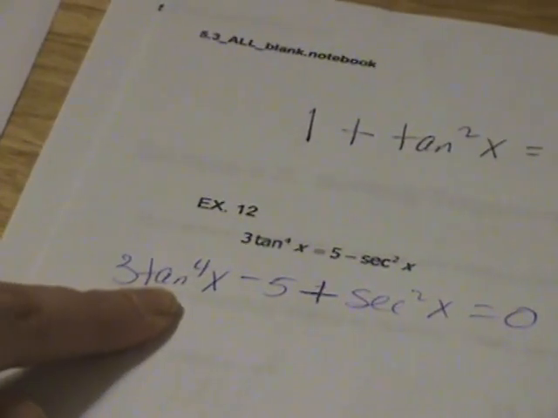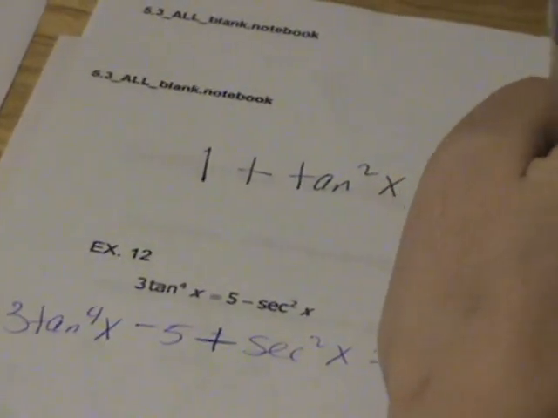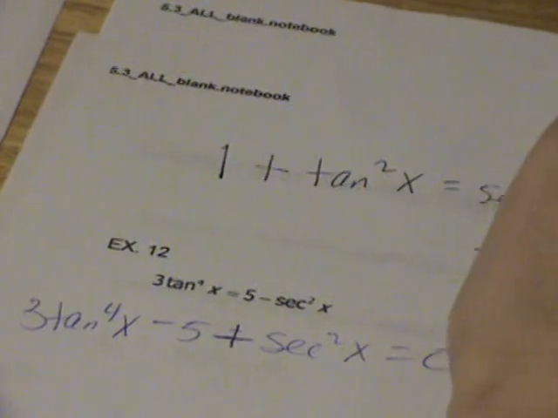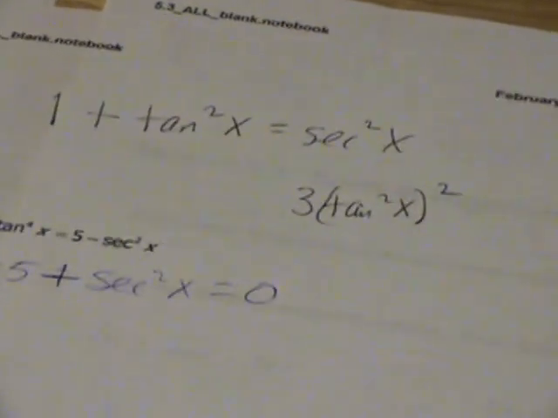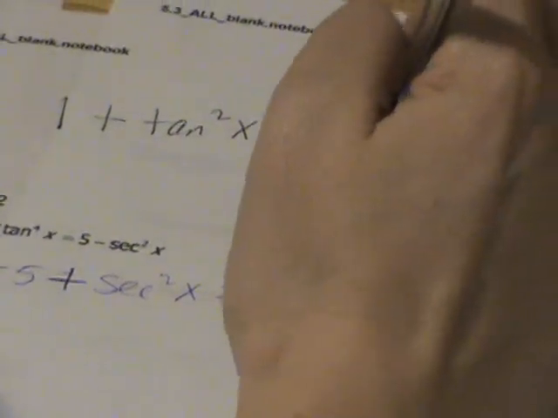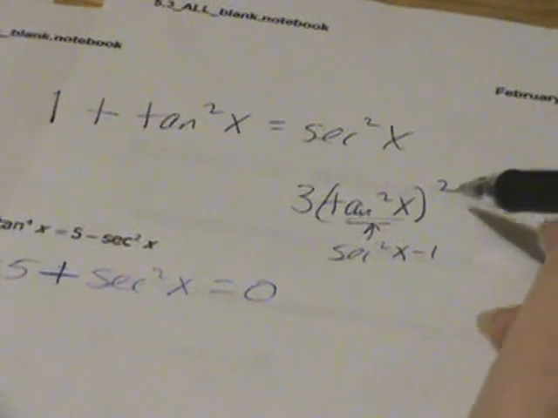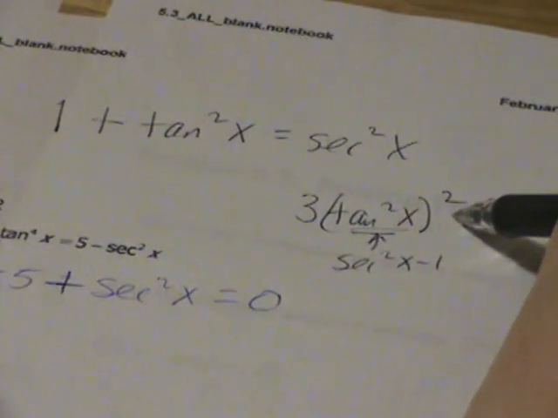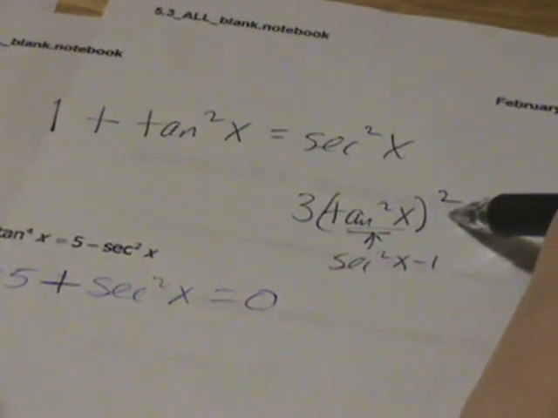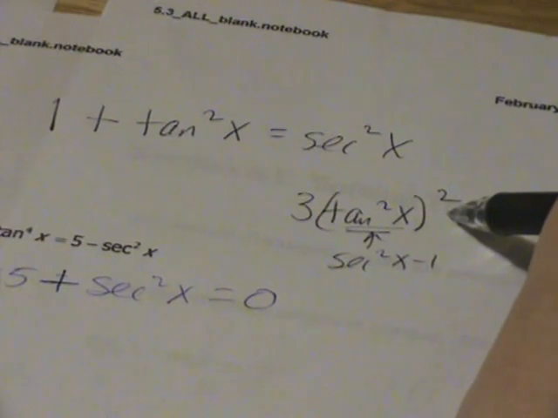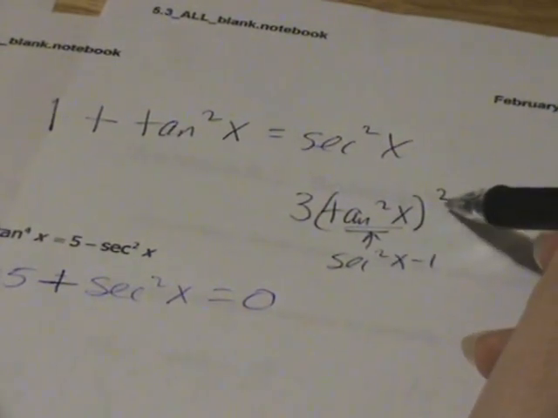I actually have 2 choices here. I can take this tangent to the 4th and rewrite it as 3 tangent squared, and then solve this for tangent squared and plug in here secant squared x minus 1 and then square that out. I like math, I like trig, I really like identities, but I don't think that would be very fun.